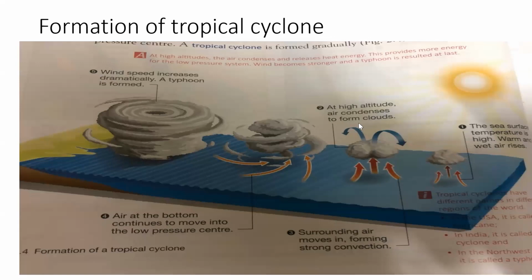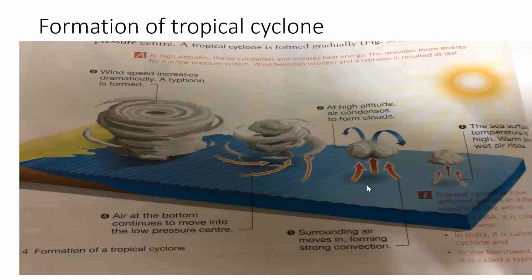Okay, warm and hot air rises. And then at high altitude, it is cold. So air condenses. Condenses 解凝固。當啲空氣上升到高處咧，咁就凍啦，凍咧就會形成雲層 to form clouds.